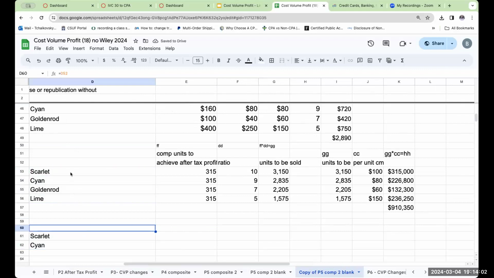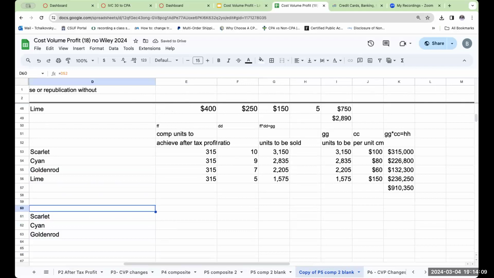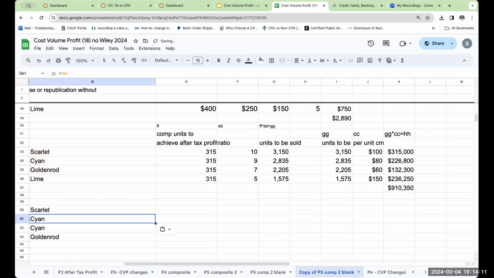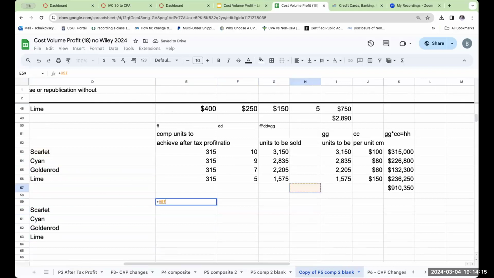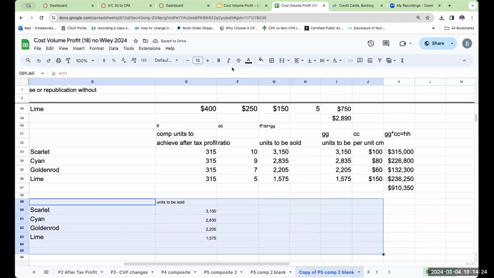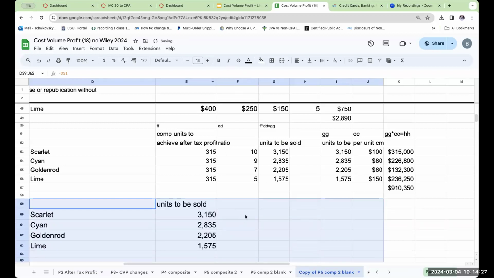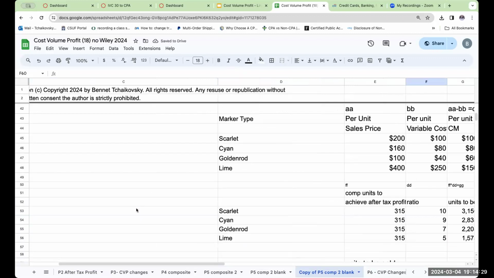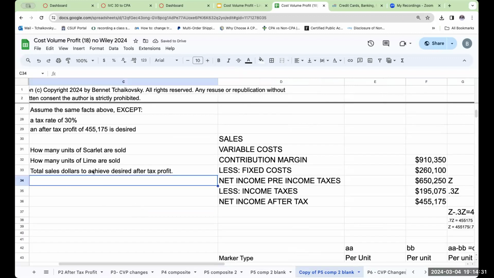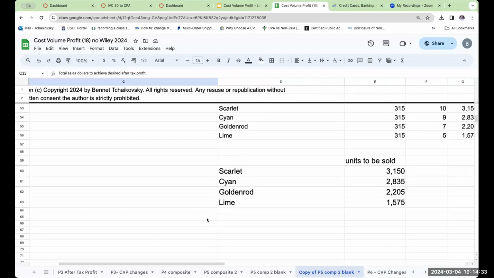Okay. So my units to be sold are right over here: 3,150, 2,835, 2,205, and 1,575. I'm being asked for my total sales dollars to achieve the desired after-tax profit.